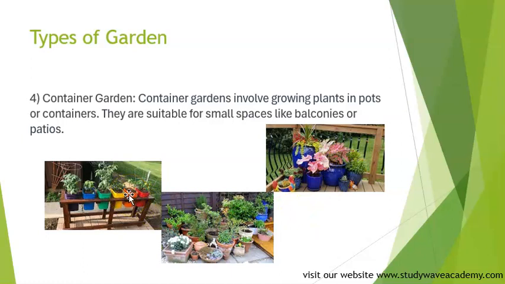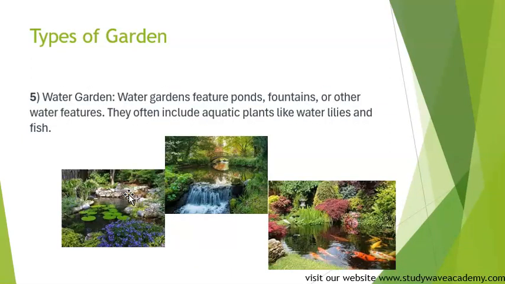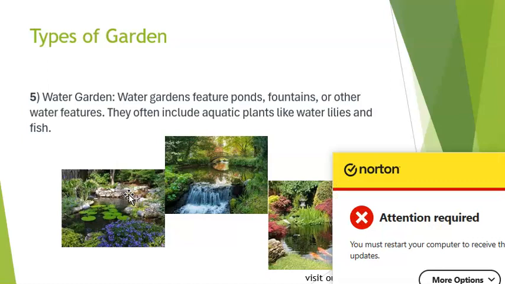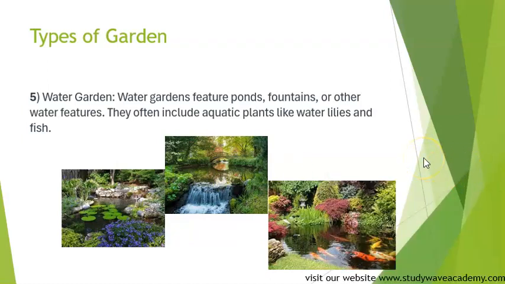Okay, we also have the water garden. The water garden features ponds, fountains, or other water features. They often include aquatic plants like water lilies and fishes.